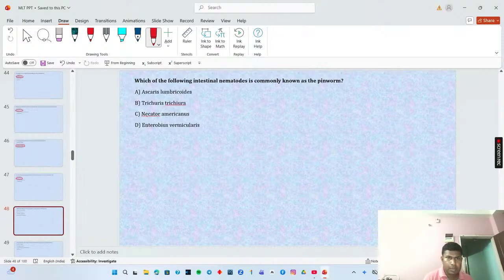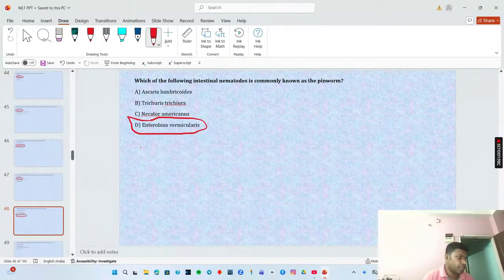It will be Enterobius vermicularis. What is the scientific name of pinworm? It is Enterobius vermicularis. Anything whose name starts with entero, then it means that it will be found in our stomach. Okay.